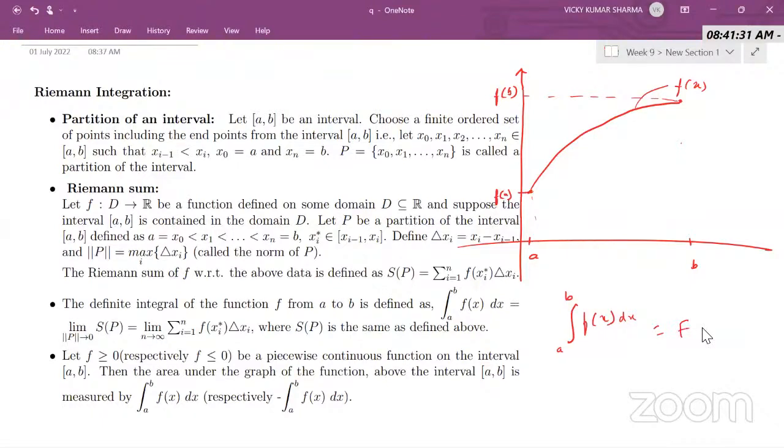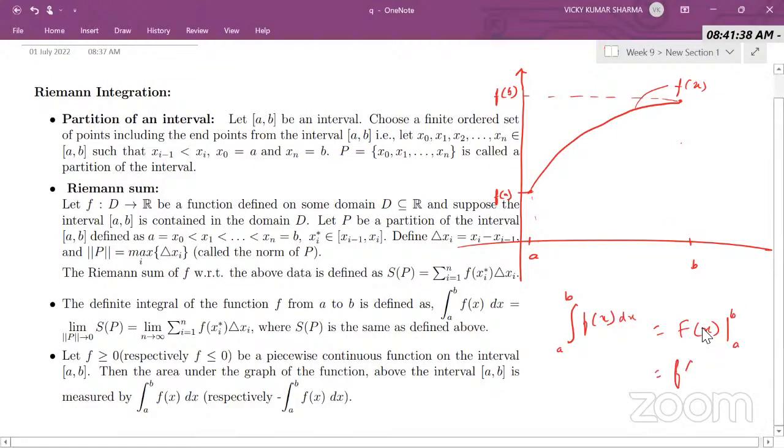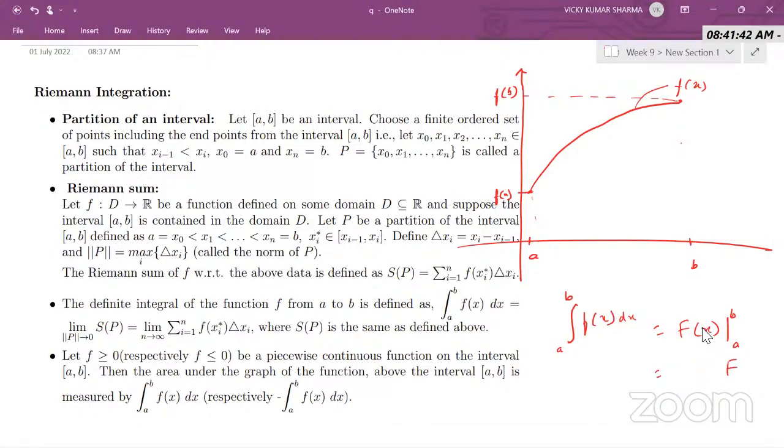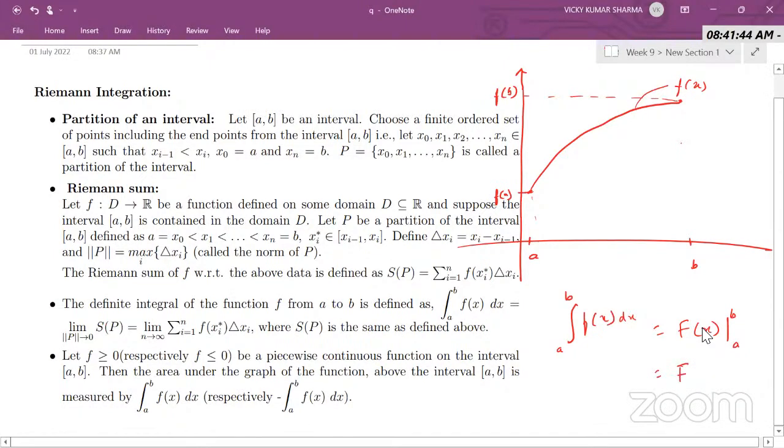Now let's say that function is F of x, and then what do you do? You substitute this value a, b. So you do F of b minus F of a, and whatever value you get gives us the area under the curve, right?